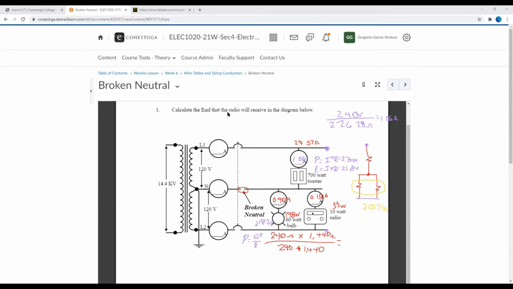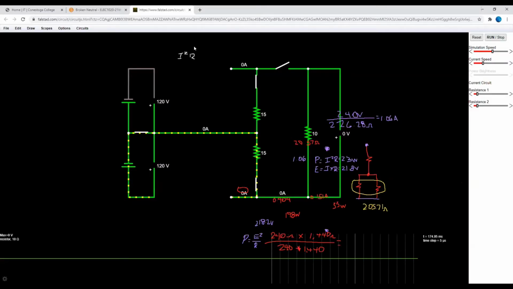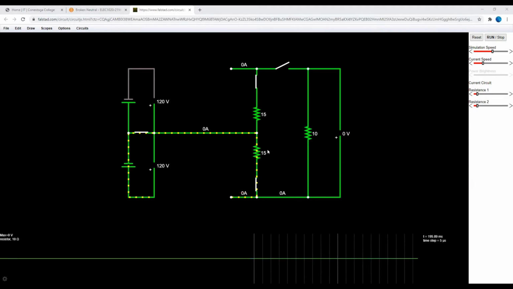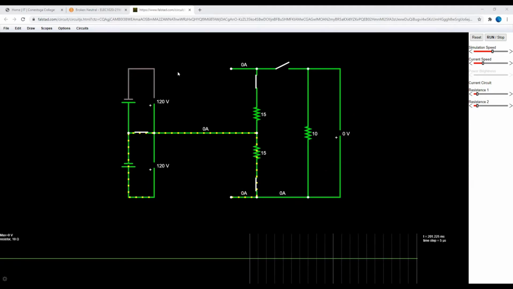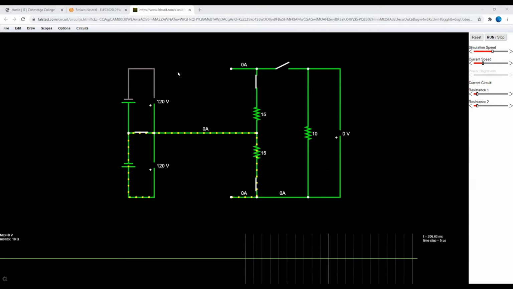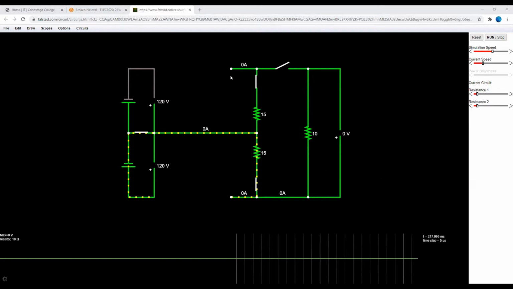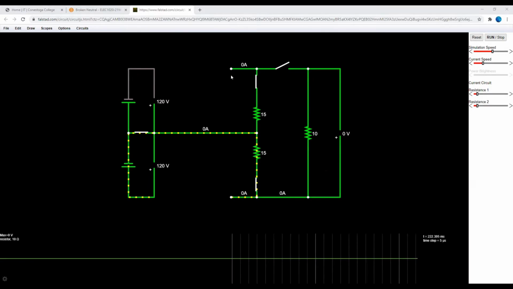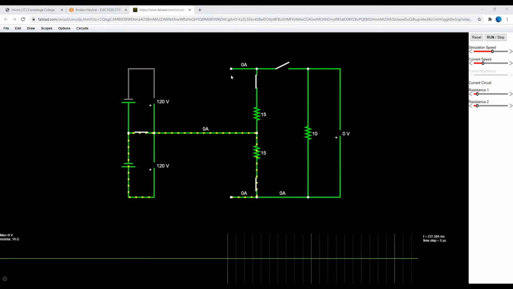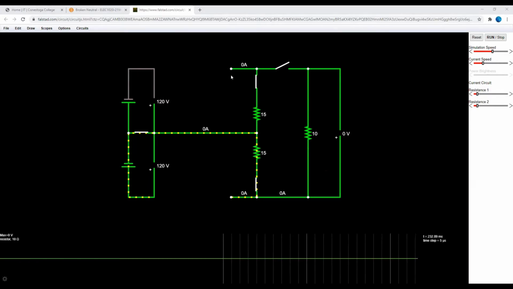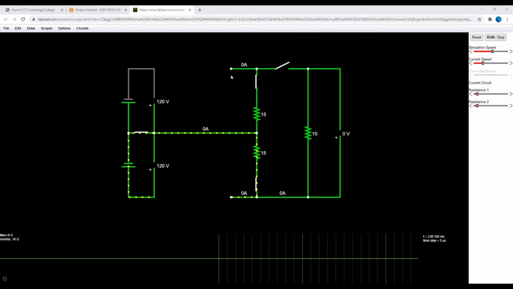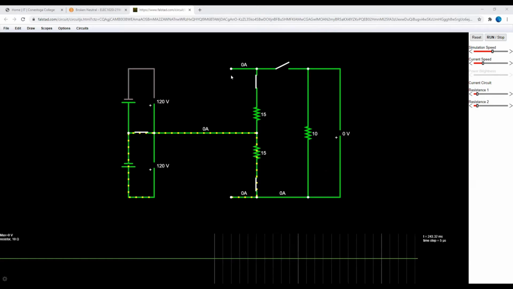Okay, so now let's move back to Falstad, and let's get into the other part of this voltage drop. Before I start explaining the last circuit, what I was telling you is that there is not a single wire that we use in the field that doesn't have its own resistance. All wires have resistance.